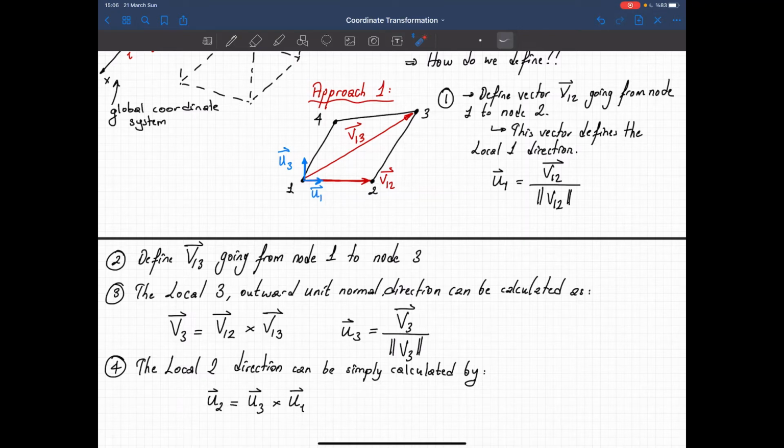The disadvantage of this method is it only uses these three coordinates. It doesn't use the coordinates of the fourth node. If it's flat, there's no problem, but if you have some sort of warping in the element, it's not perfectly flat, then this method will not work.